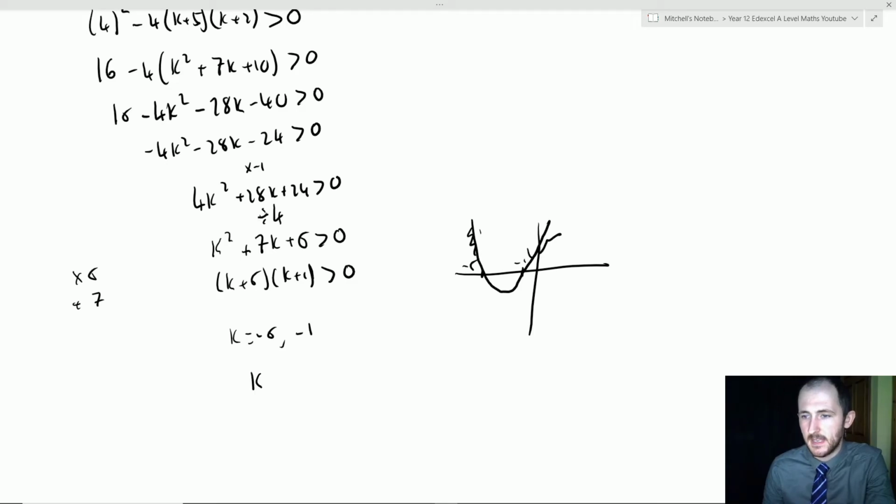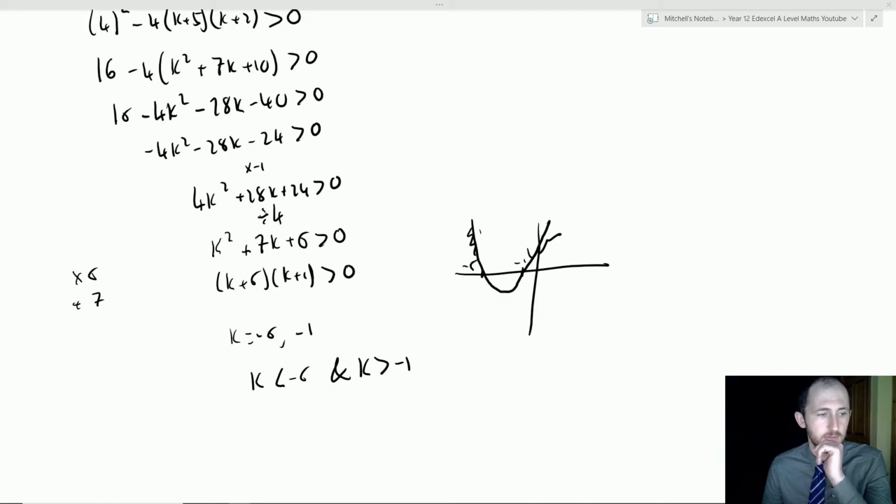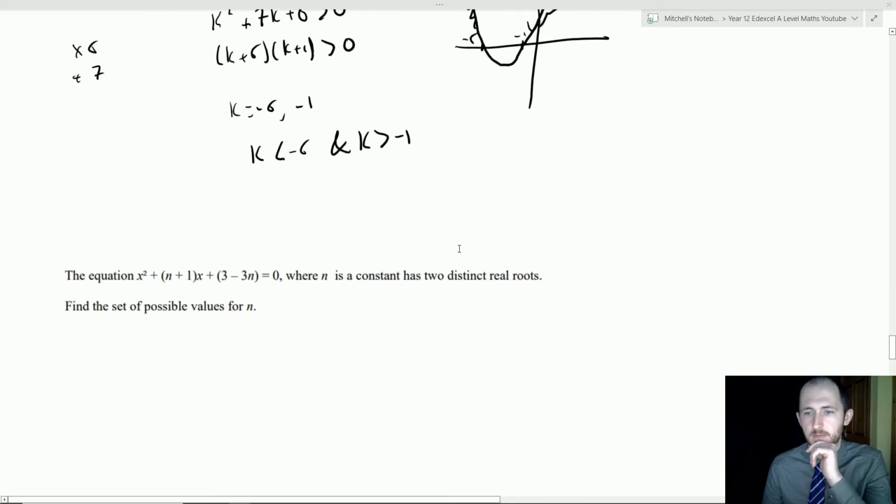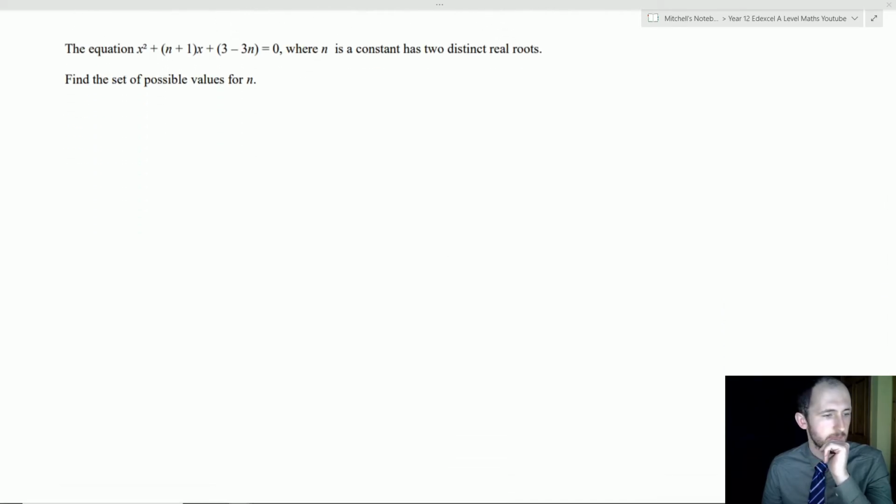So k is either less than minus 6 or k is more than minus 1, because I'm looking for the values that are outside of this range. So outside of that range. I hope that makes sense.